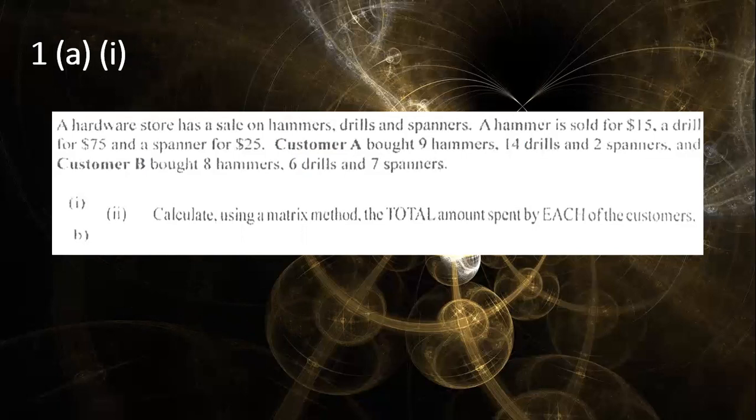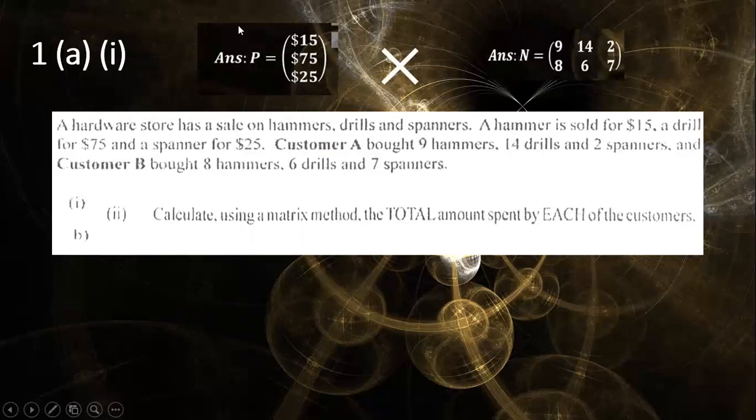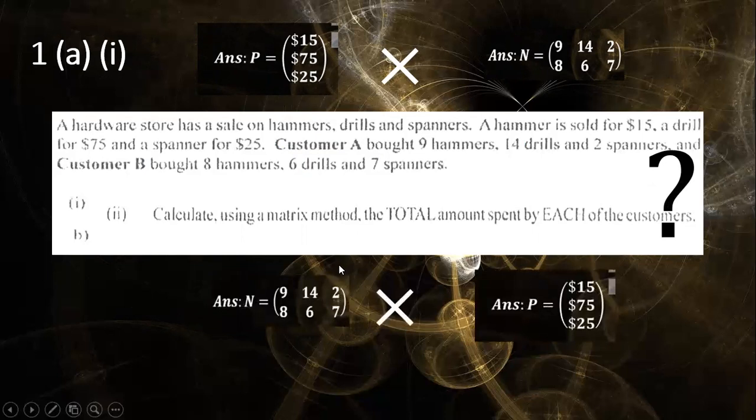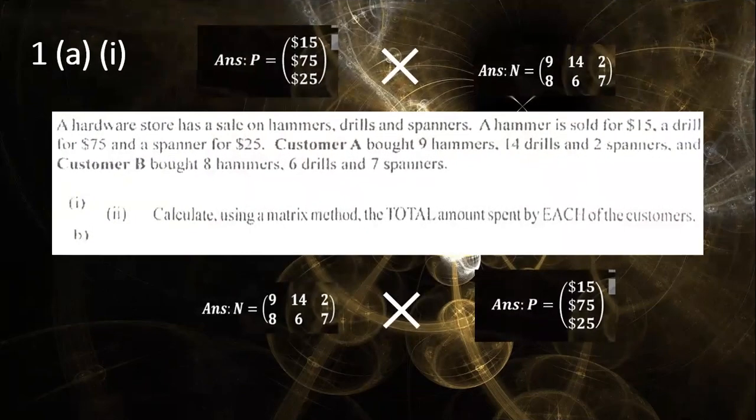But the question is, how should we arrange the matrices to engage in the multiplication process? Either we can have matrix P multiplied by matrix N, or matrix N multiplied by matrix P. The answer lies in the order of each matrix. So let's check out the order of each matrix, and then we make a decision.